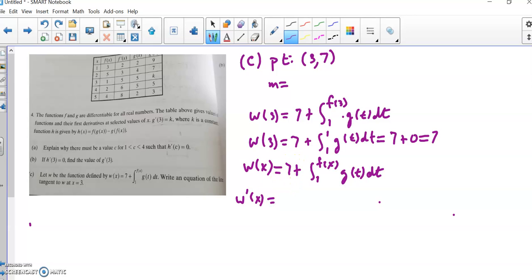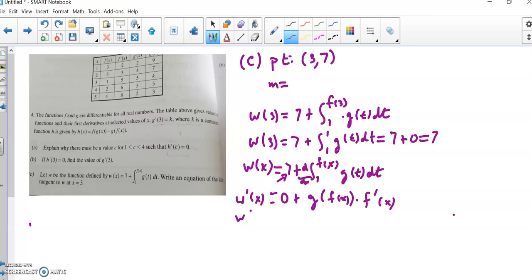Now the derivative of 7 is just 0, plus the derivative of this guy with respect to x. Well, that's the Fundamental Theorem of Calculus part 2, which would just be g of f of x times the derivative of that inner composition, f prime of x.